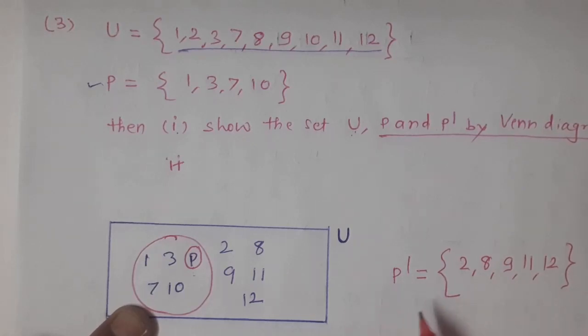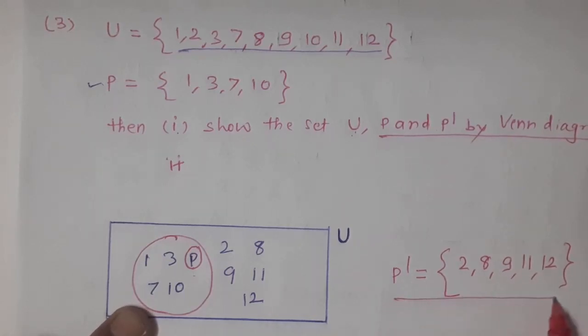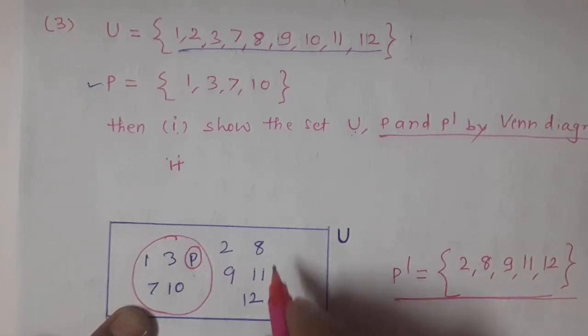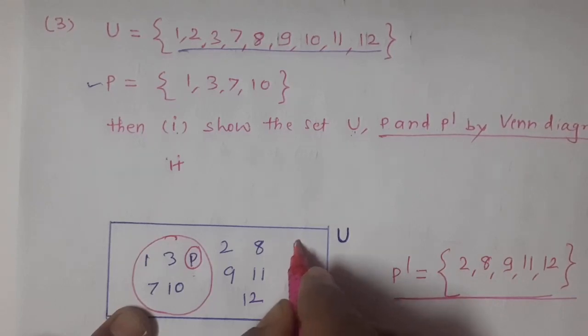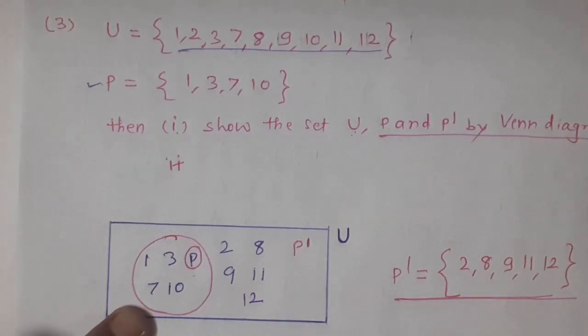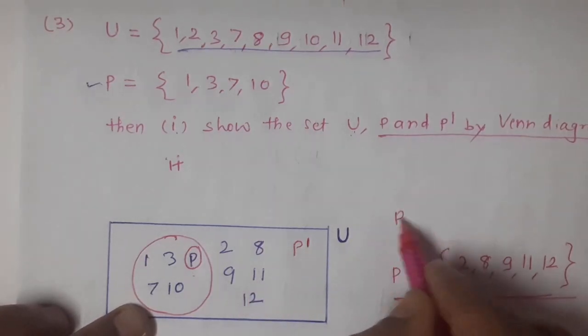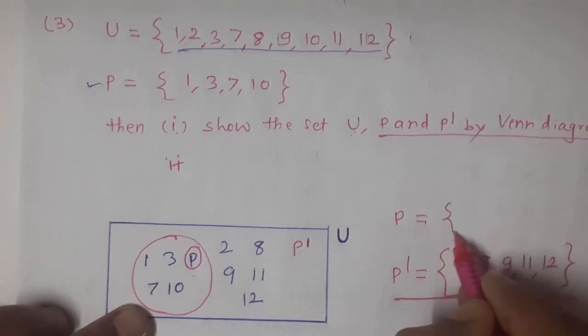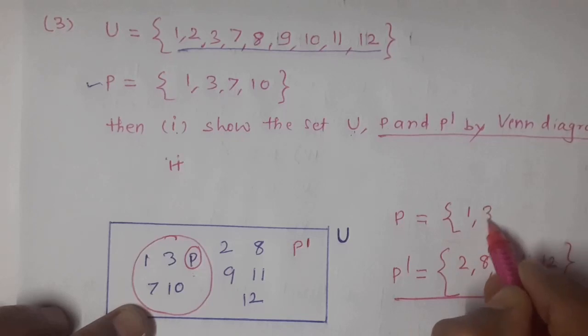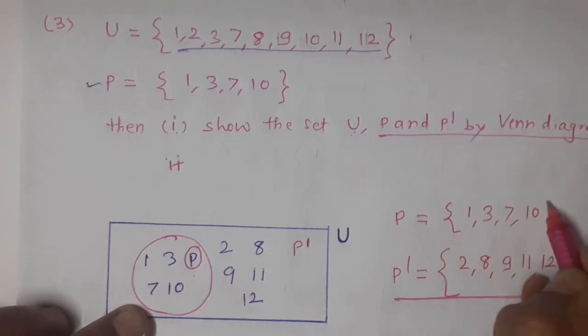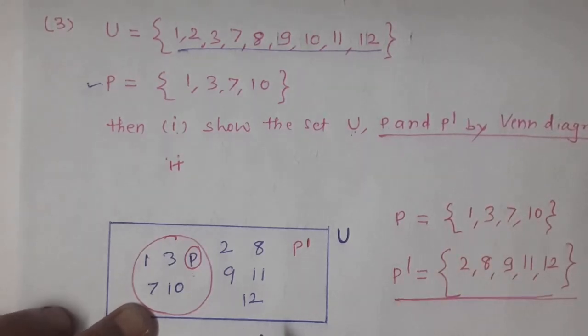So these are the elements of P dash that we have shown, and we can show that this is P and this is P dash. P comprises 1 3 7 10, which is shown in this subset.